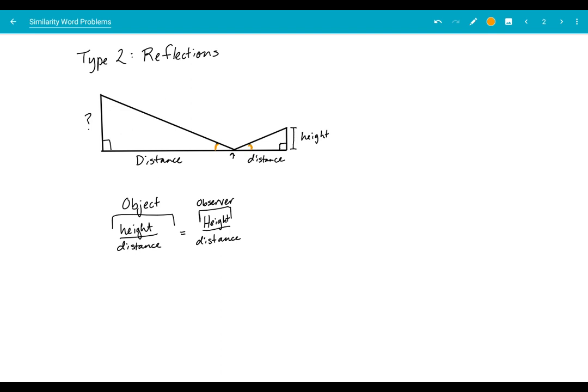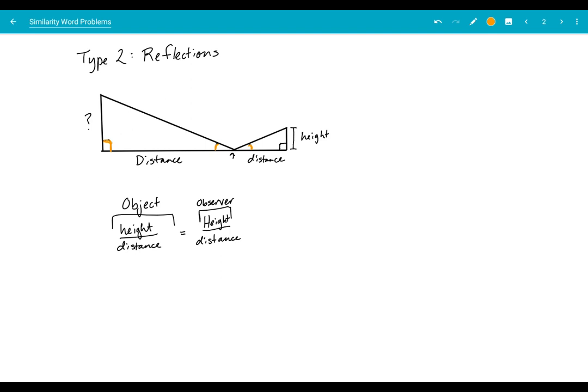So if a cue ball on a pool table or a hockey puck or a light bounces off of a mirror, it creates a picture similar to this one. So if I know those are the same, and in this case, we're going to be bouncing off of a straight wall, so these have to be meeting at right angles, then again, we have two angles that are the same, and we have proportional triangles, or similar triangles.